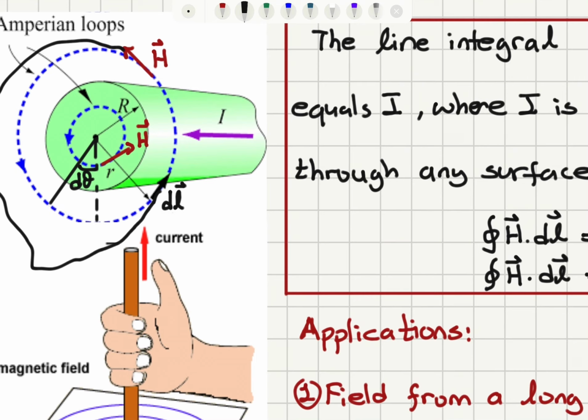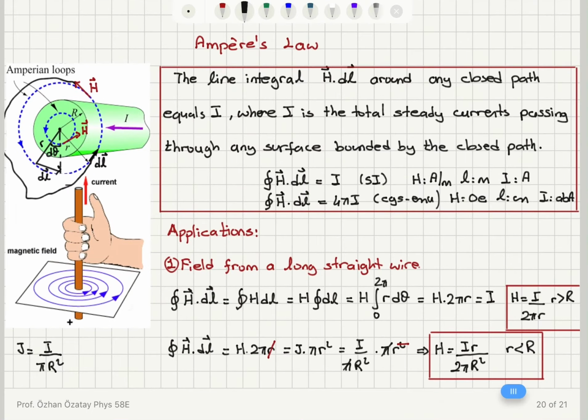This is my dl vector, which is equal to r times d theta, and it is tangential to the circle. If you make this theta really small, in that limit it becomes tangential to the circle.